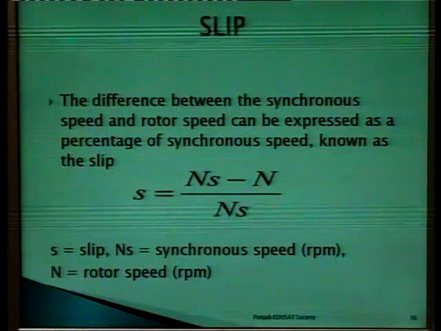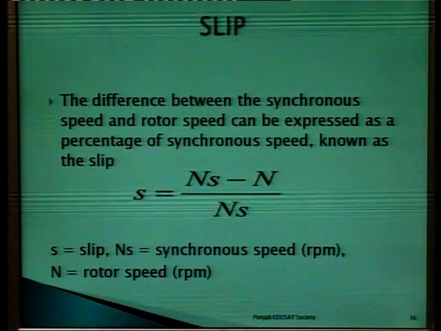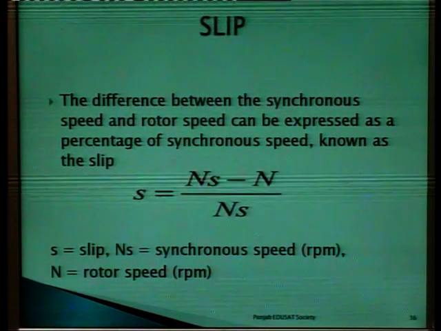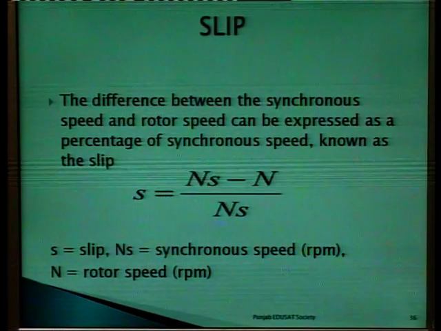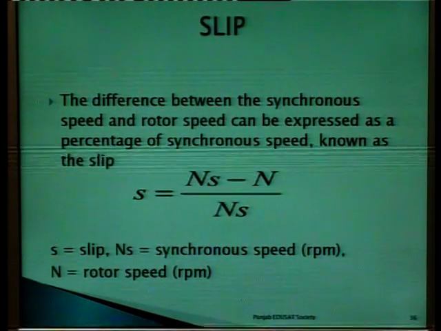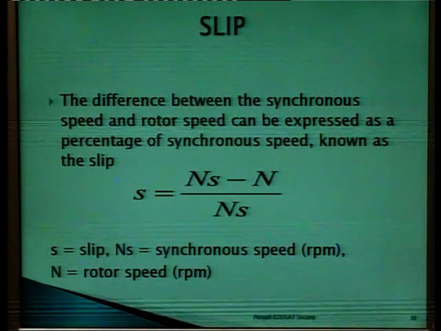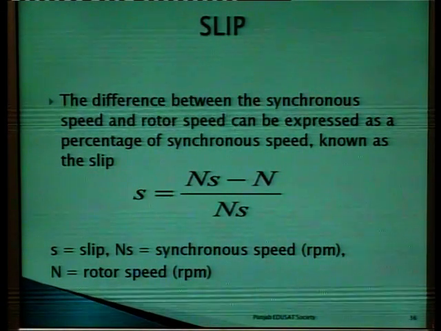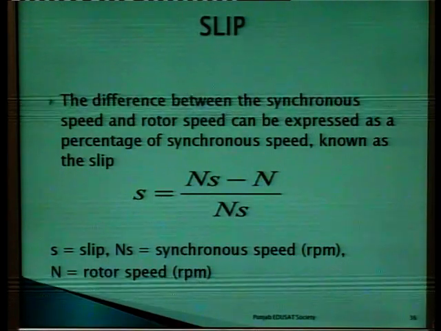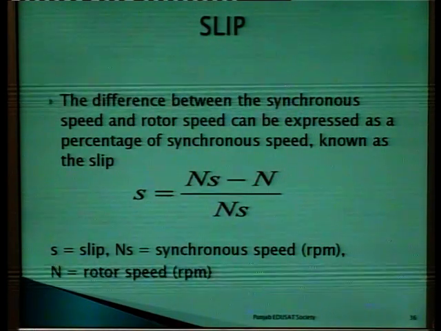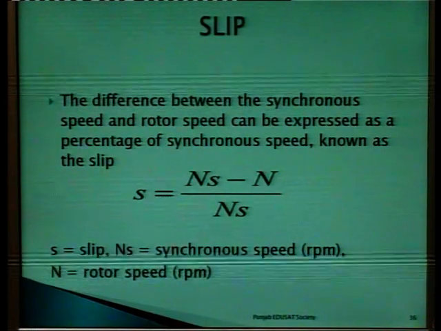And now we are defining slip. What is slip? We have discussed that slip is changing, resistance is changing, and what is the slip? That can be defined as the difference between the synchronous speed and the rotor speed, and the percentage of that difference is known as percentage slip.